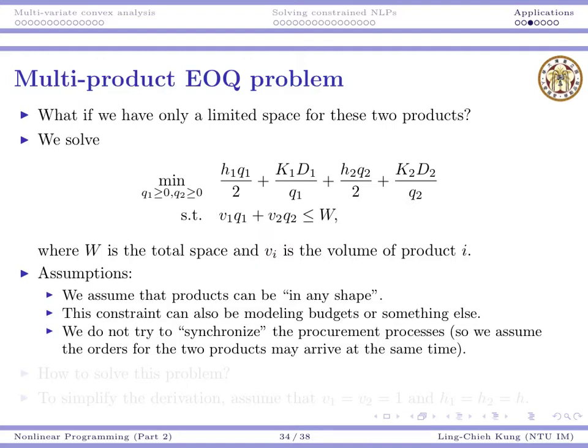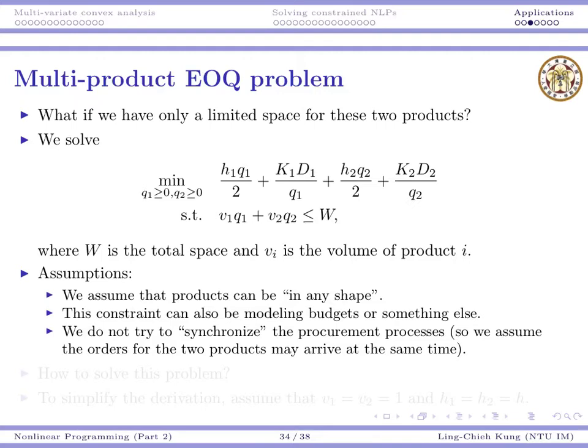Finally, by treating them as a warehouse and volumes, we do not try to synchronize the procurement process. The left hand side is the worst case, the maximum amount that we may use for ordering these two products.